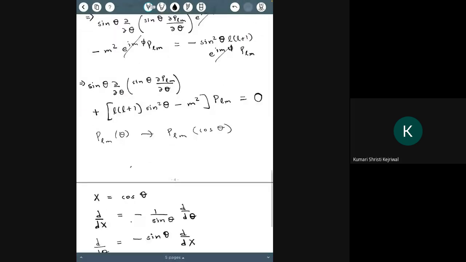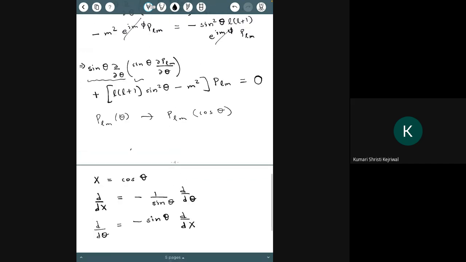The main differential operator here is sine theta d/d theta, and we have two of them.